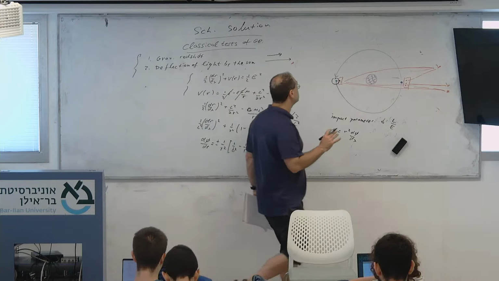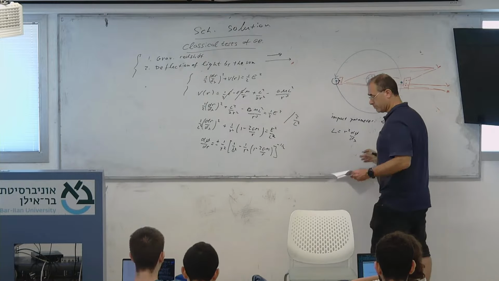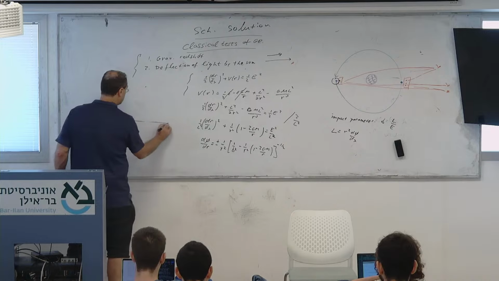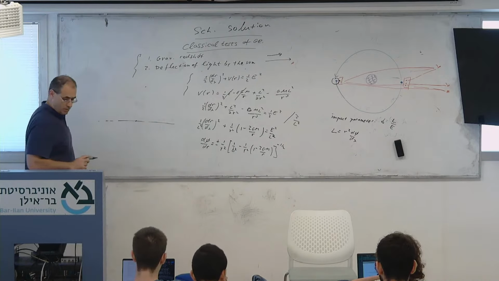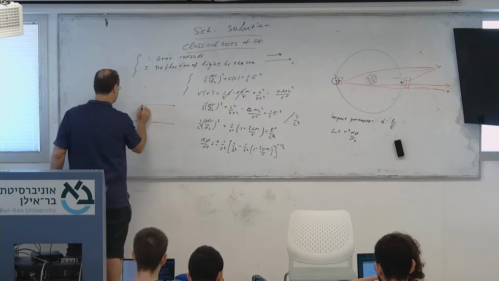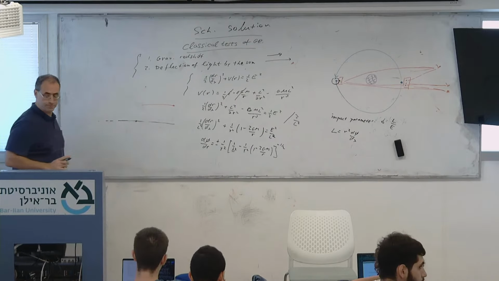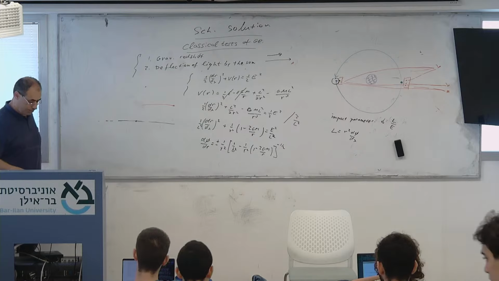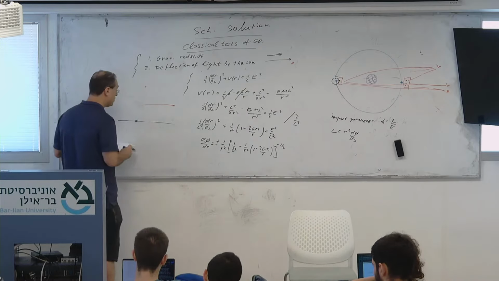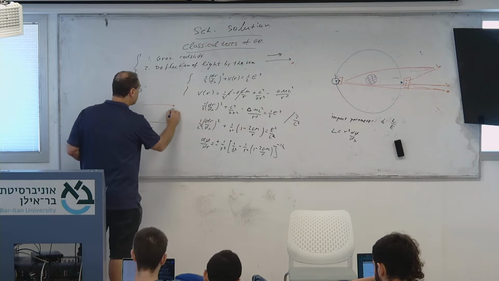Now let's draw it so that you make sure that you're fully with me. What do we have? So the x-axis. The light ray comes from here. This is the source of gravitational potential. This is b, the impact parameter.